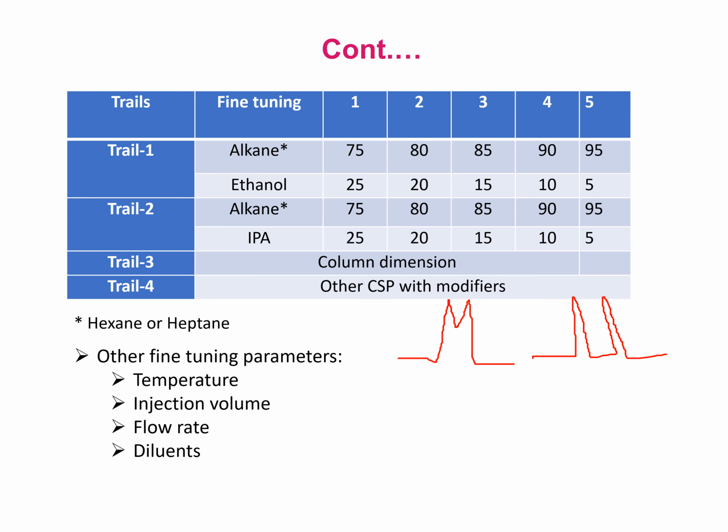If more separation is required, then temperature can be reduced, injection volume can be reduced, and flow rate can be reduced. If required, isopropyl alcohol can be used in place of ethanol, and the same fine tuning will be made as was made with ethanol.